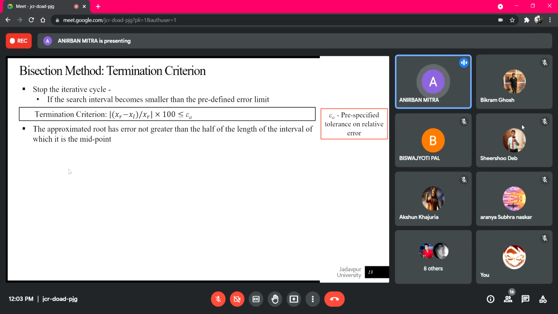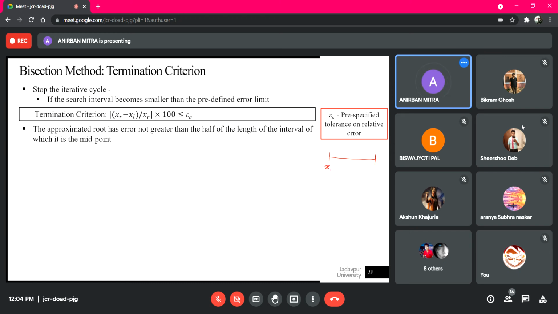Now, here is a statement that says the approximated root has error not greater than half of the length of the interval of which it is the midpoint. Sounds complicated, but it definitely is not. Let us consider this interval.